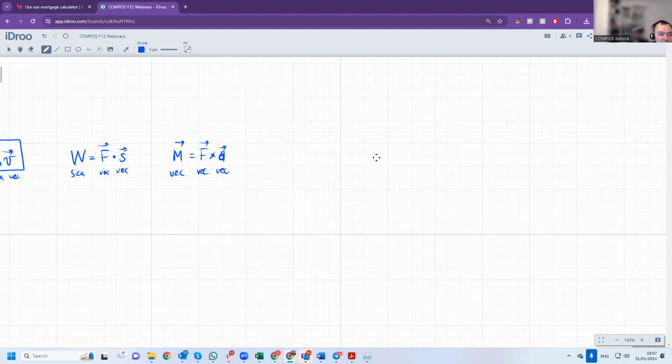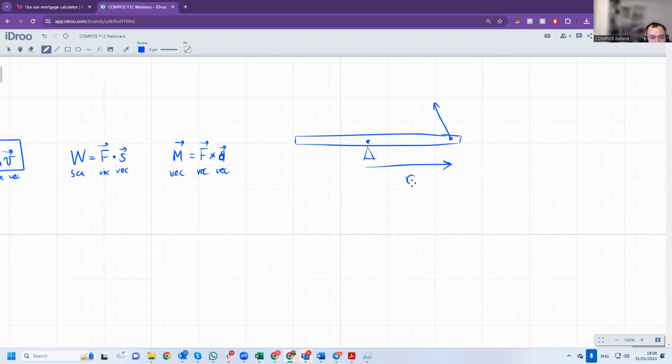So if you have a pivot and, I don't know, a seesaw, and there's a force here, and this is the displacement vector, let's call it R1, and this is F1. And if you take vector R2, which is like this, you can clearly see that they're in opposite directions.